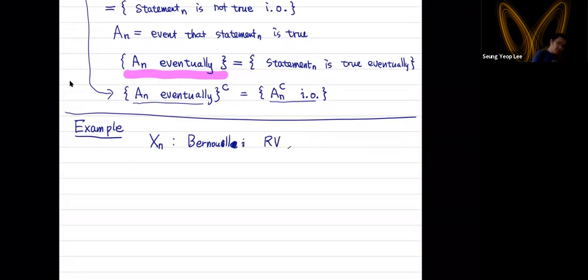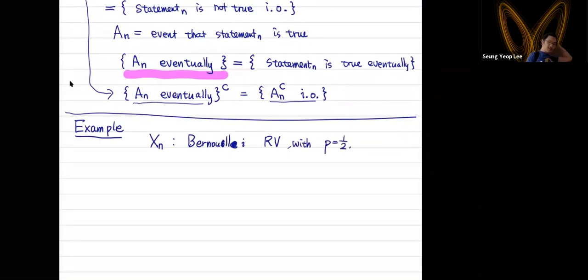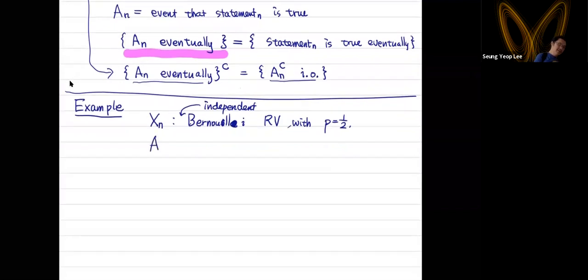Bernoulli random variables with probability half. So exactly the coin throw case, and independent. And let's define the sequence of events An to be where the nth throw gives head. That's the event. The nth throw gives the head.